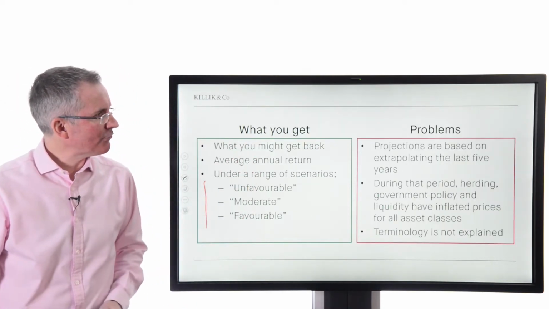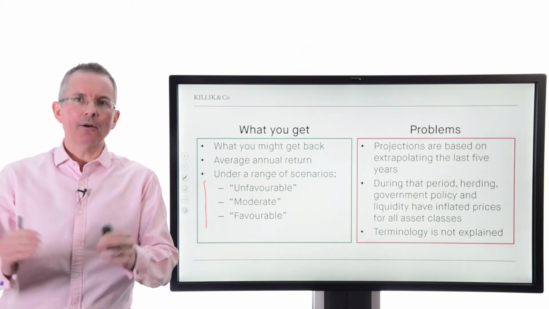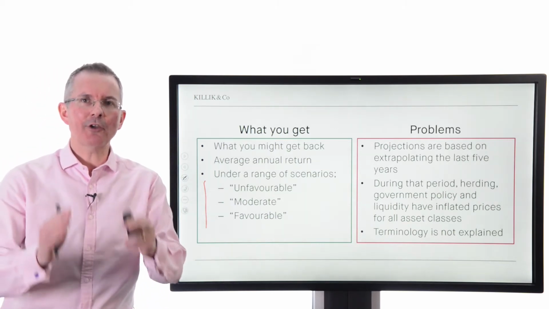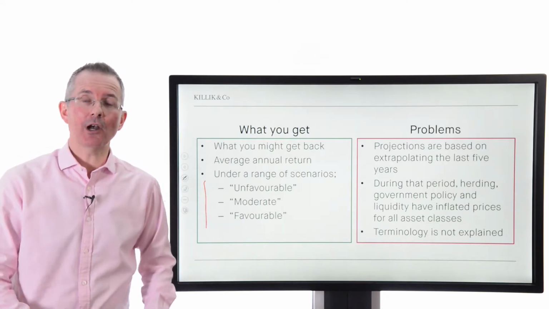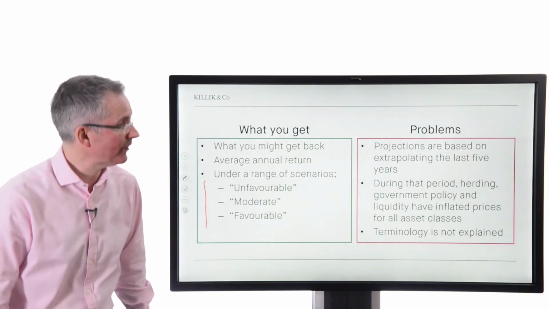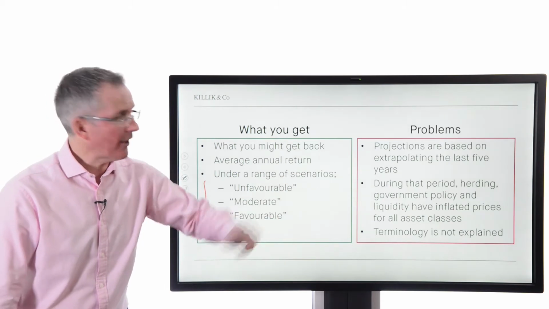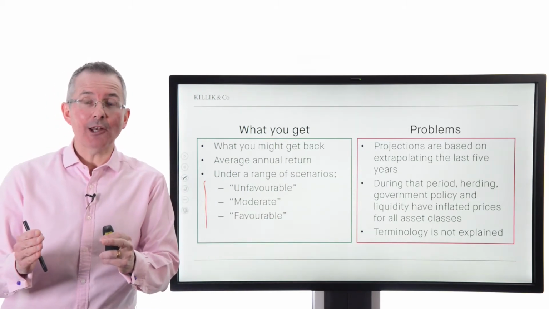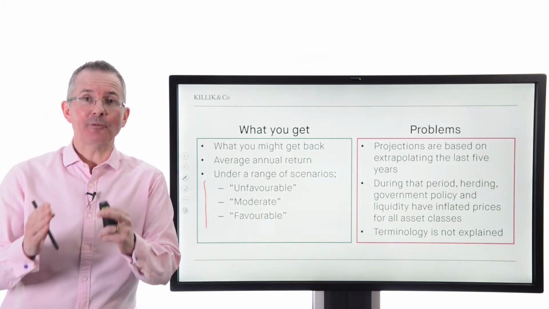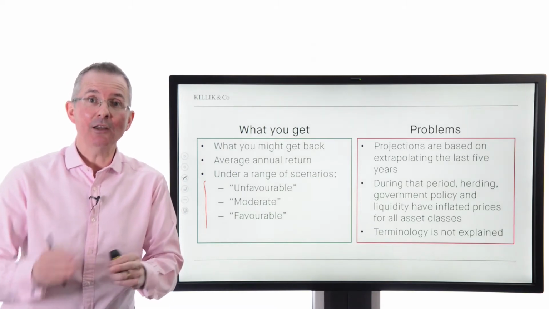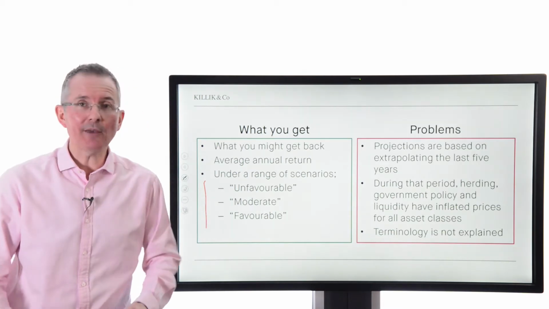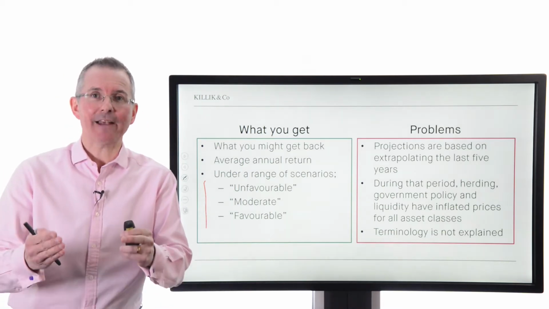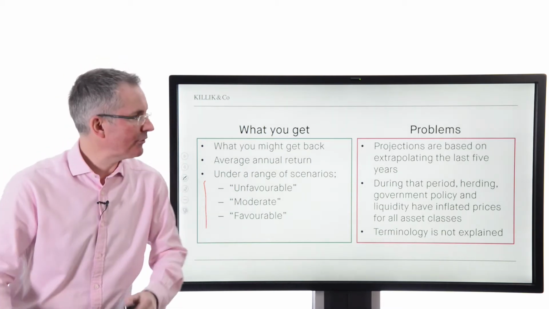Problems. The projections are based on extrapolating the last 5 years. Now, regulators normally say the past is no guide to the future, but here they seem to be saying it pretty much is our guide to the future. And the maths builds that in as well, as you'll see in a moment. So the problem is this, and John Kay is basically saying, watch out, because some fund projections of performance may be a little bit punchy using the EU's own formulation, because we've had a period over the last 5 years where you've seen government policy stimulating asset prices, quantitative easing, low interest rates and so on.